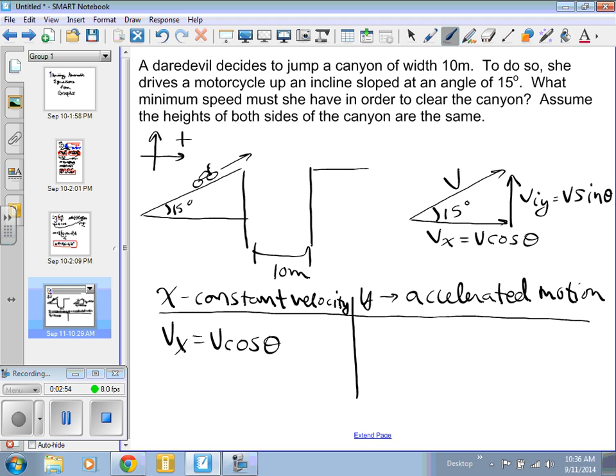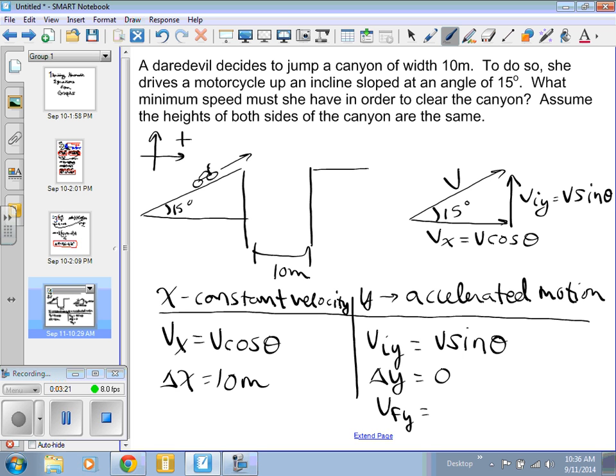We also know that the change in position in the X direction is 10 meters. That canyon is 10 meters across. In the Y direction, we know that the initial velocity is going to be V times the sine of theta. We also know that since delta y is 0, the final velocity in the Y direction is going to be the same as the initial velocity in the Y direction, but in the opposite direction.